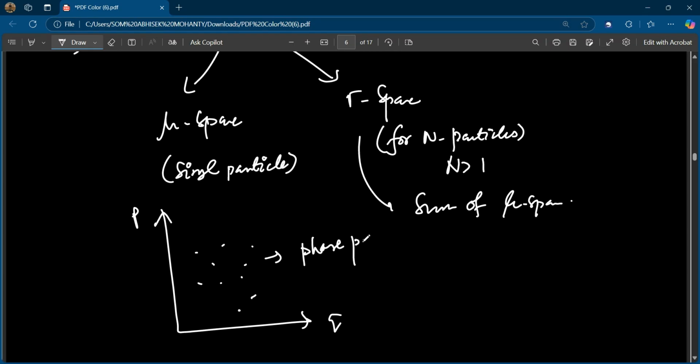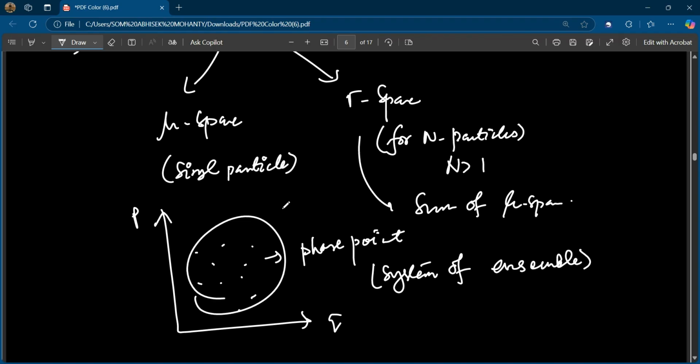A single point is called a phase point, also a representative point, and the collection of phase points is called the ensemble.